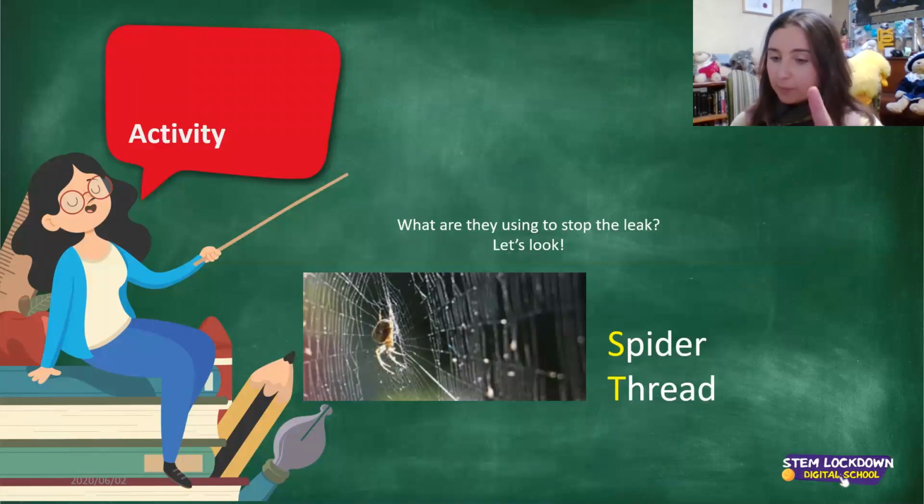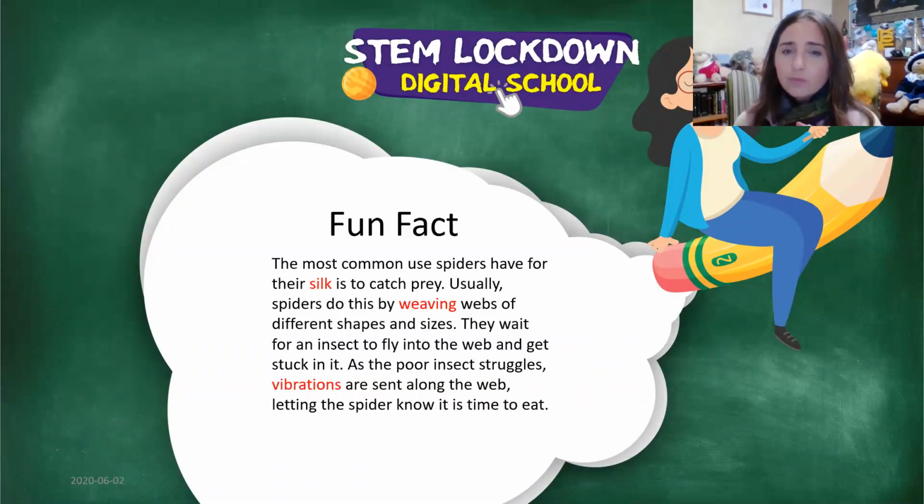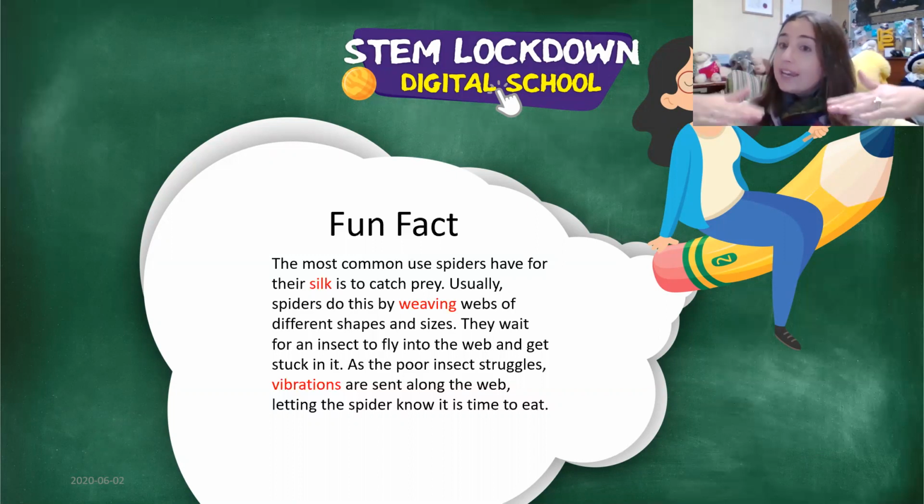Do you see the shape? Okay. They wait for an insect to fly into the web and to get stuck in it. As the poor insect struggles, the vibrations of that spider web send it along the web and let the spider know it's time because food has arrived. Wow.